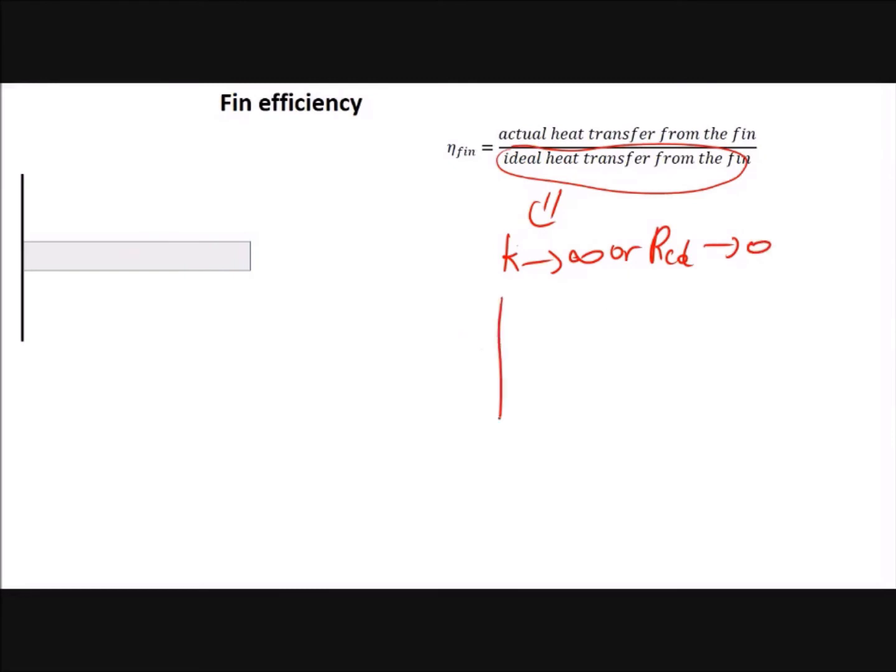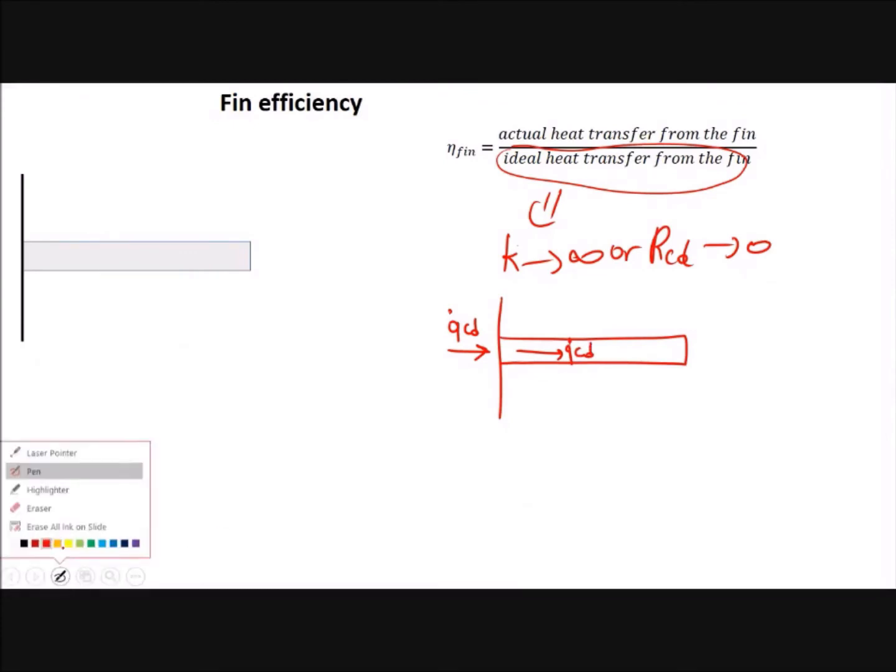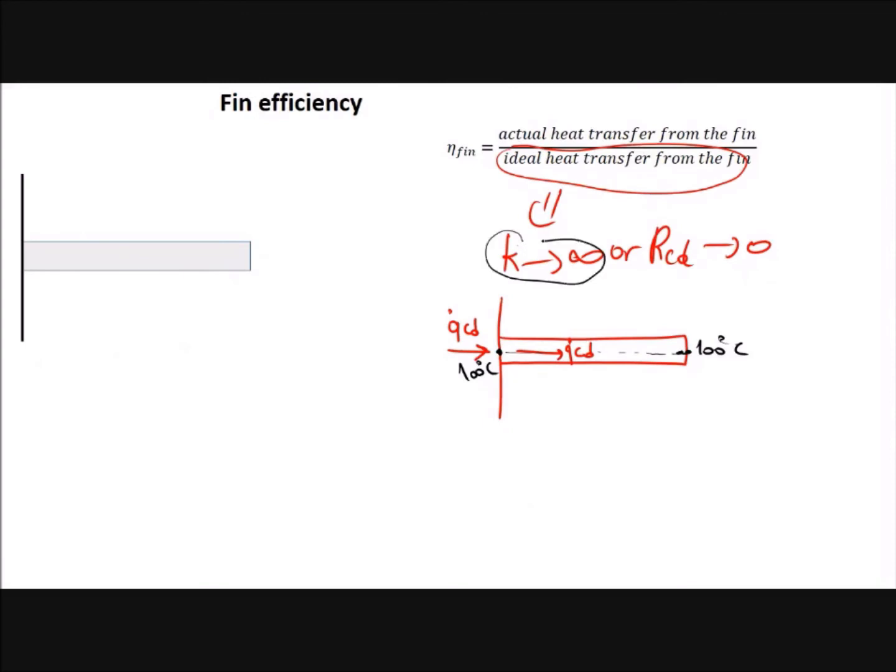So if that is the case, then you will have the fin here, and you will have the flow of heat, Q dot cd, and there is no resistance against it. This resistance is 0. If there is no resistance, then whatever information you have as 100 degrees Celsius propagates along the domain till the end at 100 degrees Celsius, because K is infinite, so the information propagates at an infinite speed.